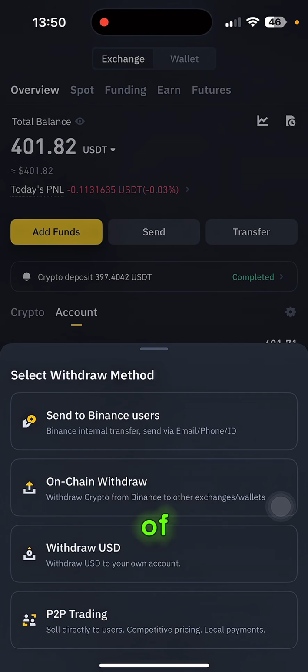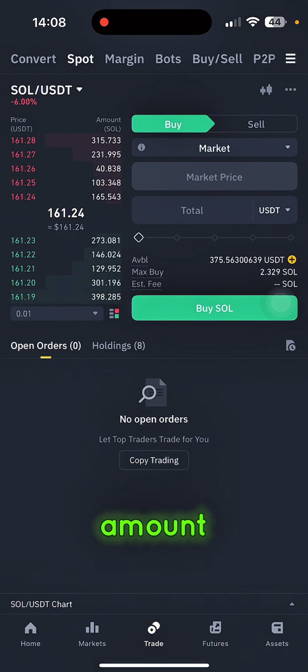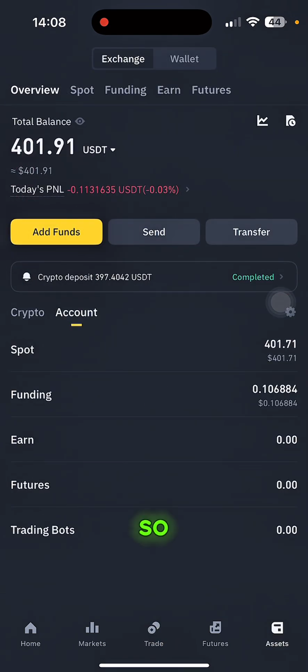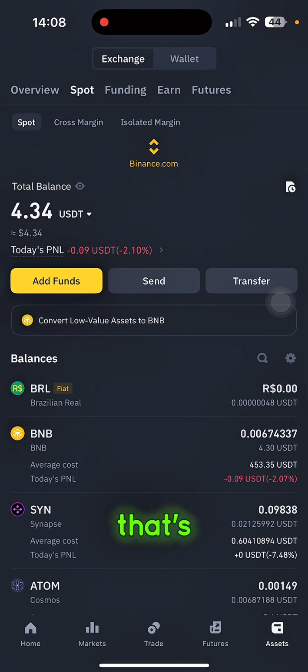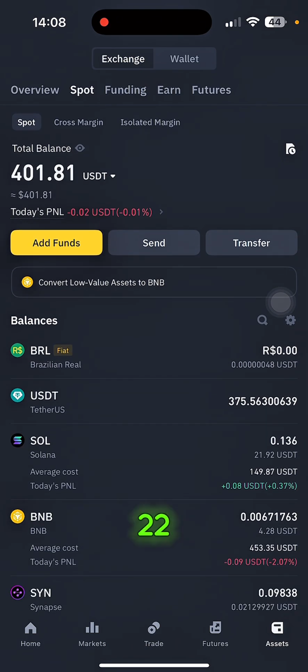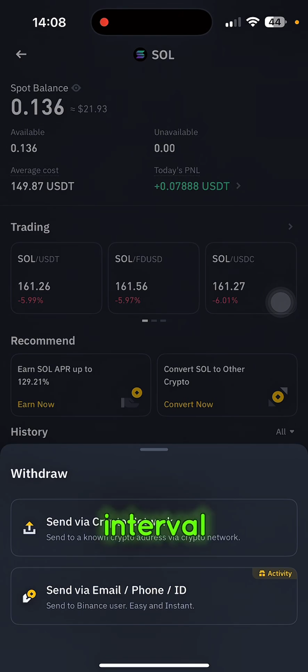Likewise, there is also the risk of turning your amount into an even smaller amount. So you should only use an amount you could afford to lose to do this. That's the more reason I'm going to be using about $22. Let us see how much we can make from that in a very short interval.